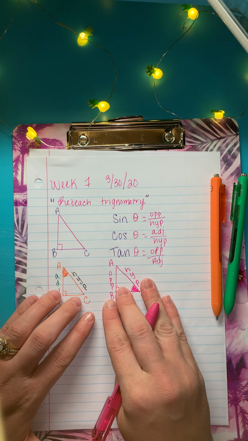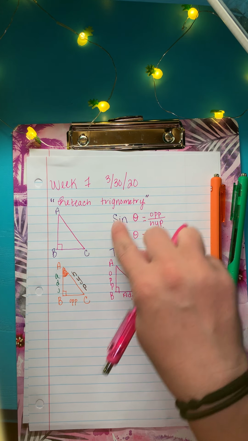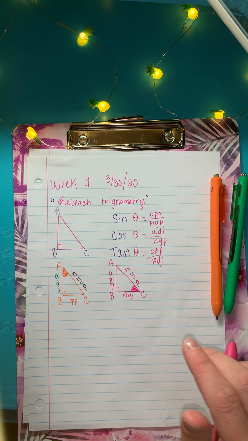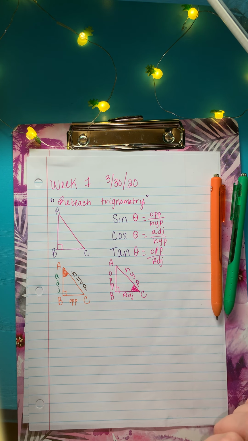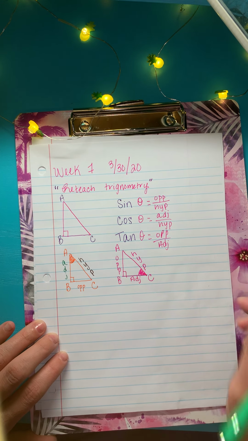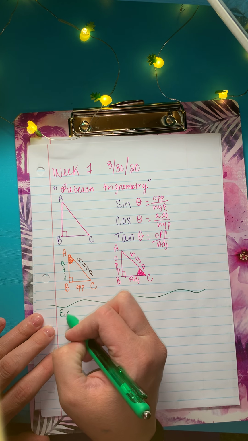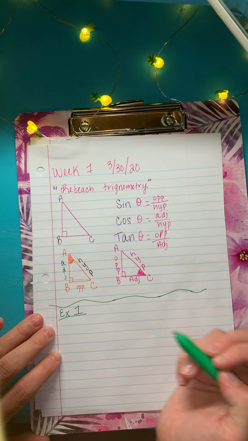So once we have our sides labeled, then we can go ahead and start setting up our ratios. So the first thing I want to look at is just identifying what those ratios would look like before we actually get into solving any type of equations. So example number 1.